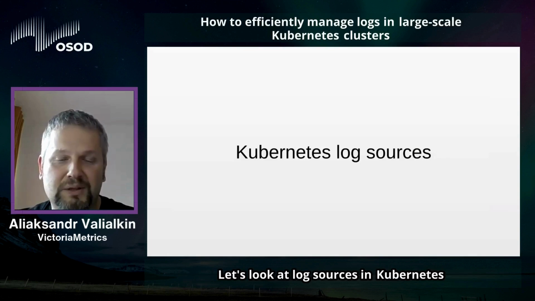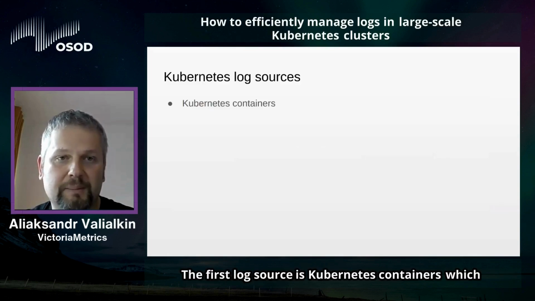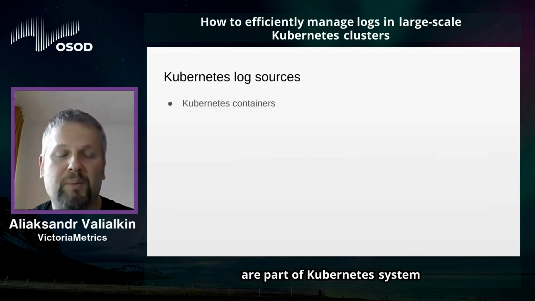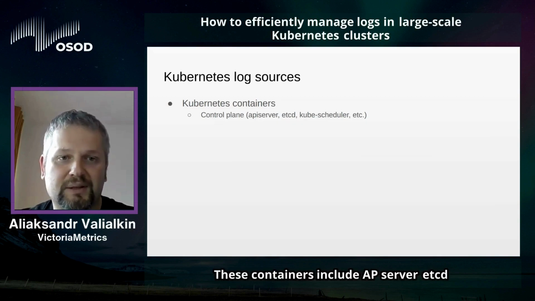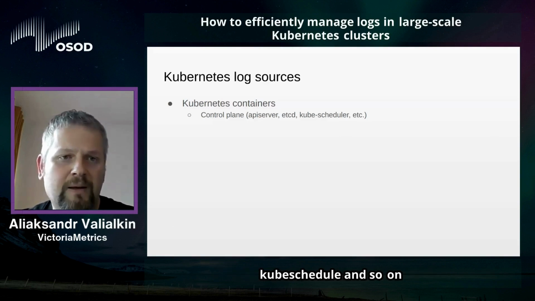Let's look at log sources in Kubernetes. The first log source is Kubernetes containers, which are part of the Kubernetes system. This is the control plane. These containers include API server, etcd, kubectl, and so on.